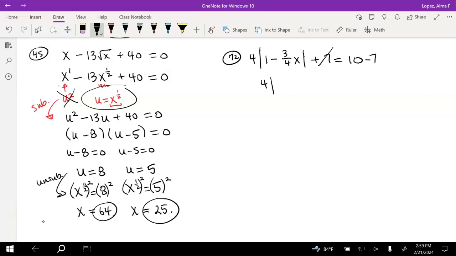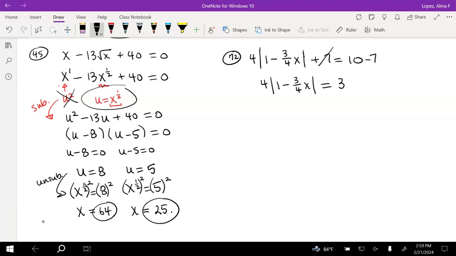Now we have 4 times the absolute value of 1 minus 3/4 x equals 3. Now I could divide both sides by 4, but it's going to make a fraction. Remember, like we said in class, remember who you are.